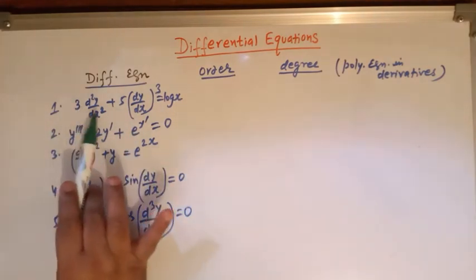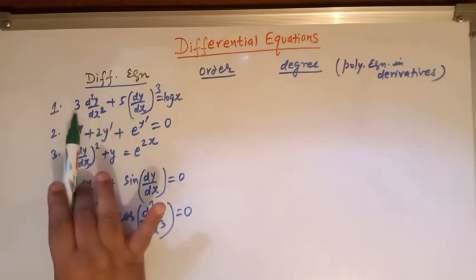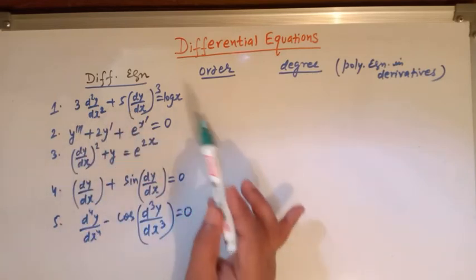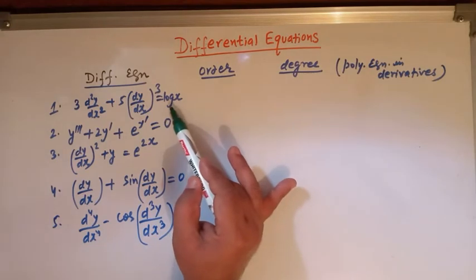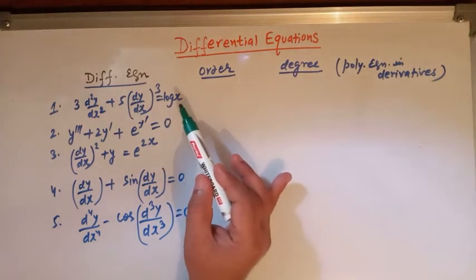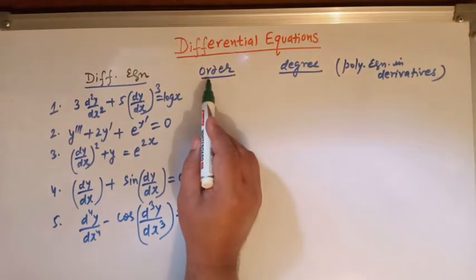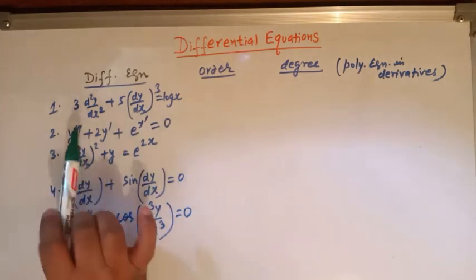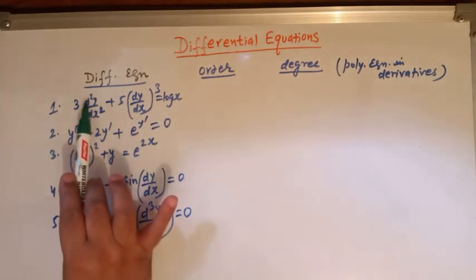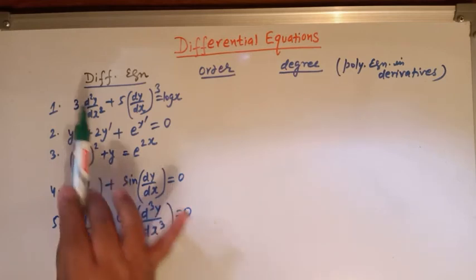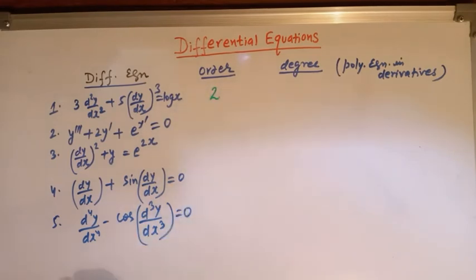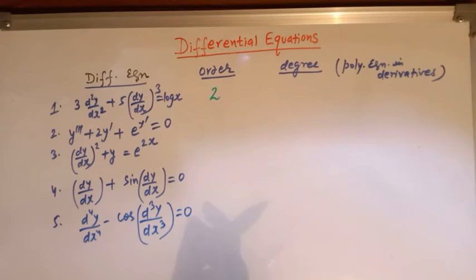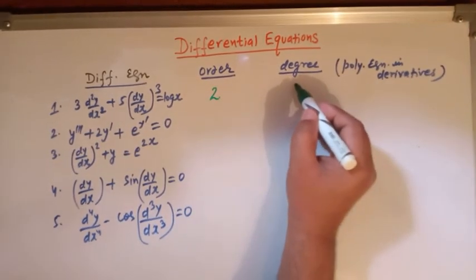Here the differential equation is given as 3 times d2y over dx2 plus 5 times dy over dx cubed equal to log x. Clear? Now here the order of the differential equation is the order of the highest derivative. So here we have the order as 2. Clear? And what is the degree? The degree is 1. Clear?